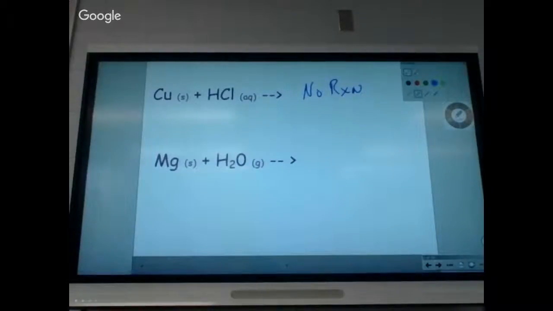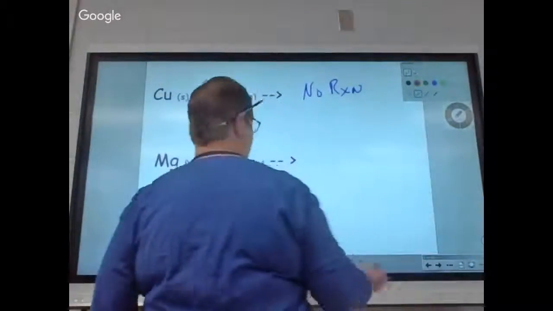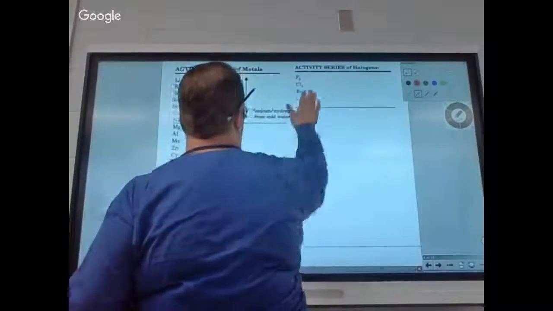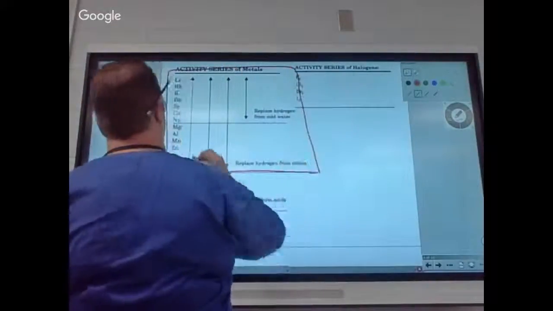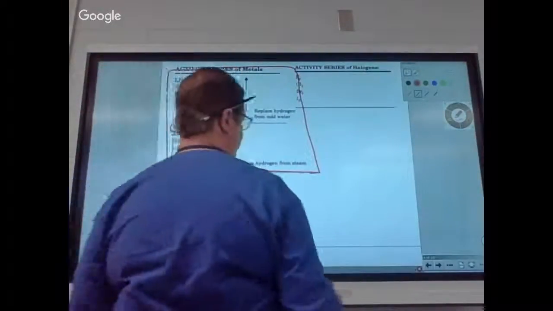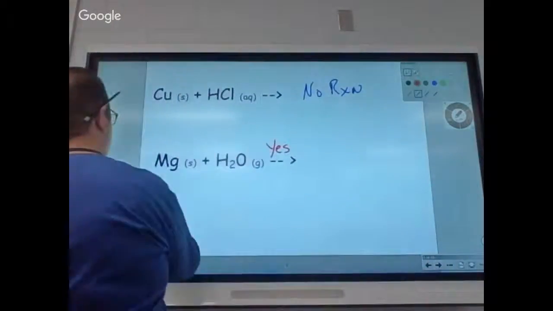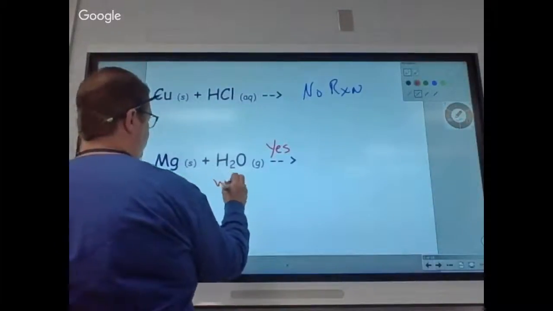Here it comes. All right, so Mg plus water. It's still water, it's just in a different state. It's a gas. Is Mg in this range? Yeah. Now, this one is a metal plus water.